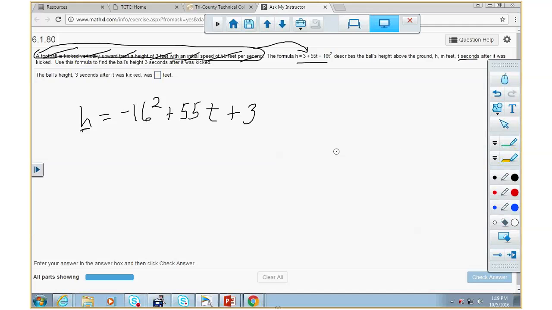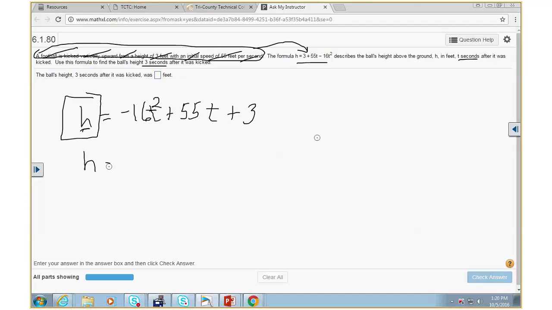T seconds. So after so many seconds, if you plug in 3 seconds or 4 seconds or whatever, that's the height you're going to get. So you plug in 3 seconds, so h is equal to negative 16 parentheses squared plus 55 parentheses plus 3.